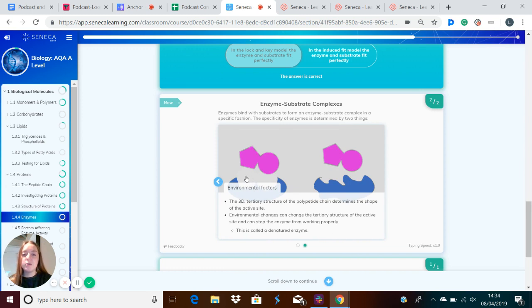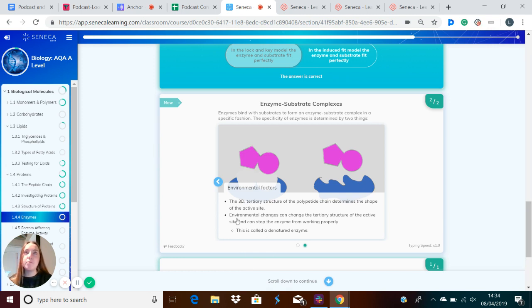Environmental factors also determine the specificity of enzymes. The 3D tertiary structure of the polypeptide chain determines the shape of the active site. Environmental changes can change the tertiary structure of the active site and stop the enzyme from working properly. This would be called a denatured enzyme.